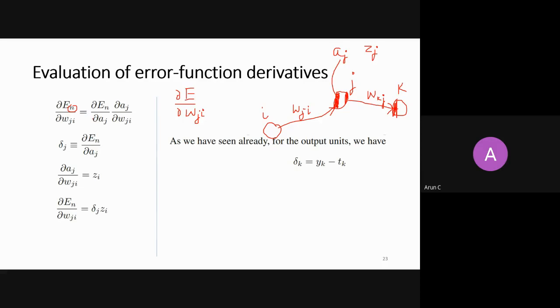If you apply the chain rule, you take the gradient of the error with respect to aj and multiply it by the gradient of aj with respect to wji. So let's look at the first term, the gradient of the error function with respect to aj.